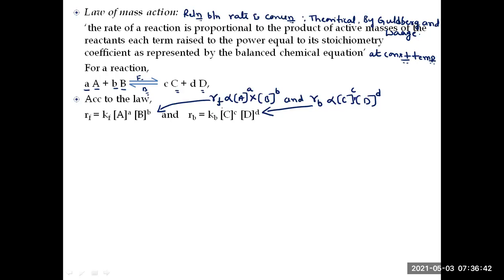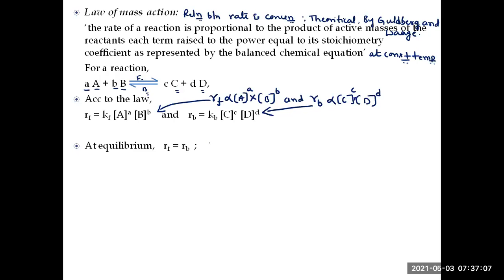So when the rate of forward and backward reaction become equal at equilibrium, what actually happens? The rate of forward reaction becomes equal to the rate of backward reaction.